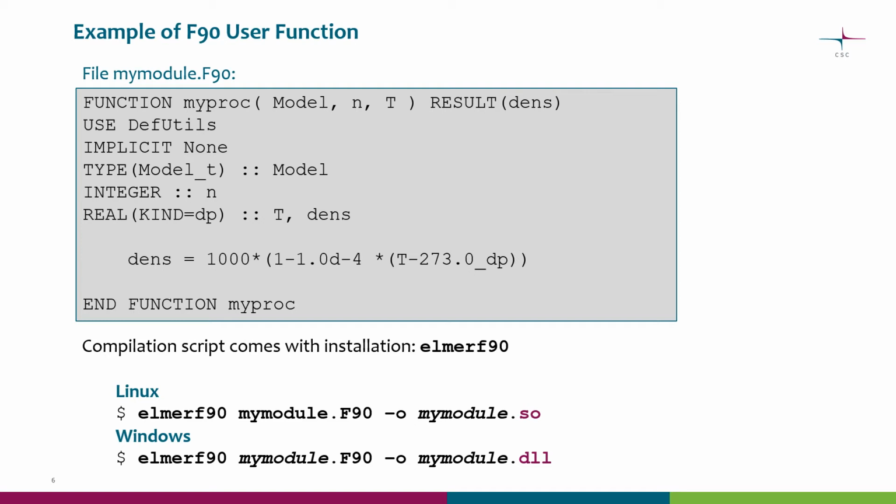This procedure can easily be compiled. Every successful Elmer compilation comes with a compilation script, Elmer F90, and we can compile a shared object in Linux or DLLs in Windows easily using this script.